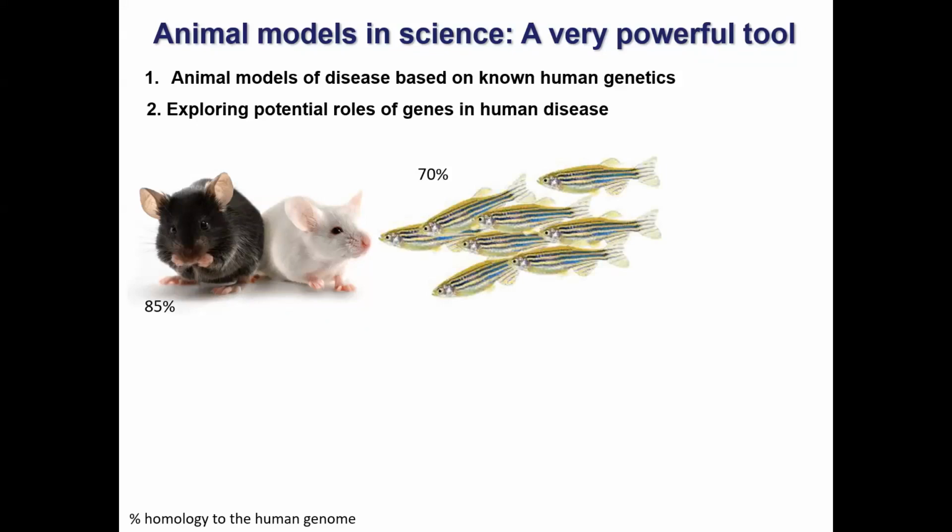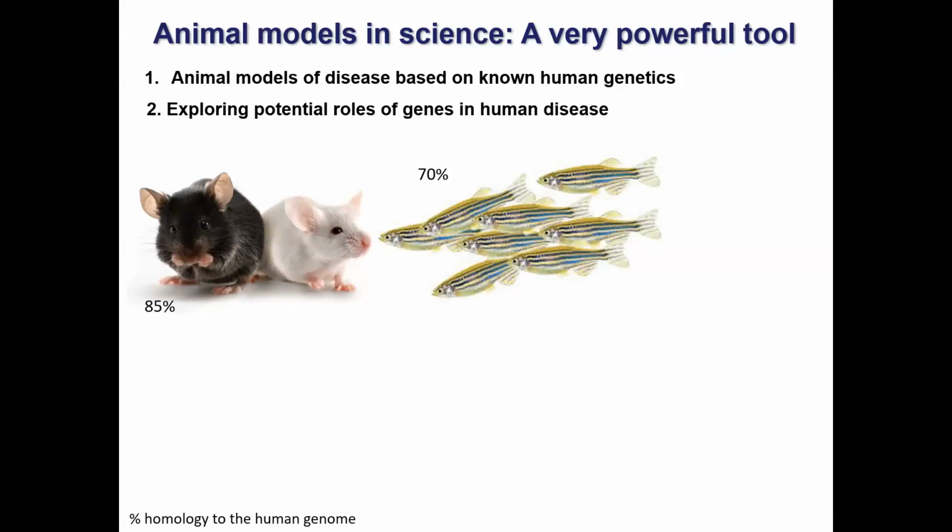Then we have the zebrafish, which is also a great genetic model. It produces a lot of embryos that are also transparent. They are external, so you can easily see them and manipulate them. You can see things happening live, especially in development. There's a lot of morphogenetic movements happening, so you go from one cell to a whole organism.